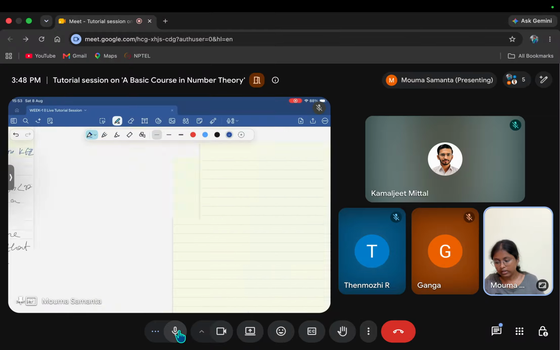Okay. Now case 1 is when p has the form 3k plus 1.